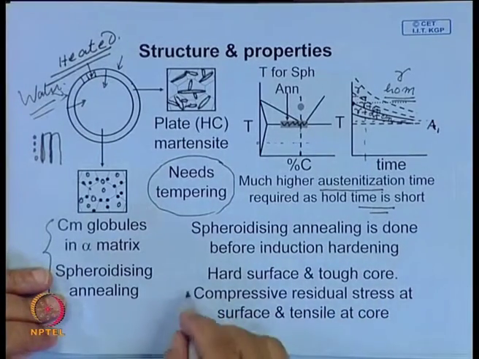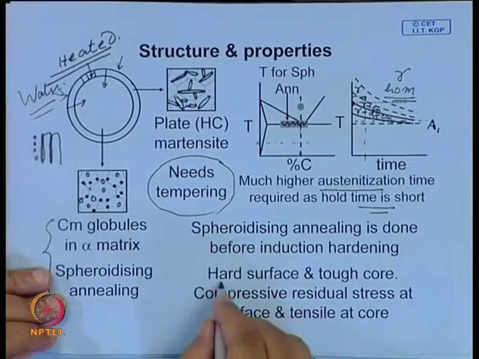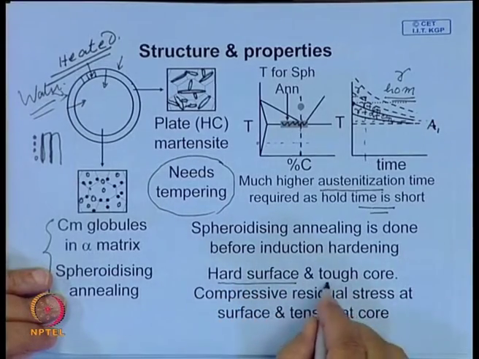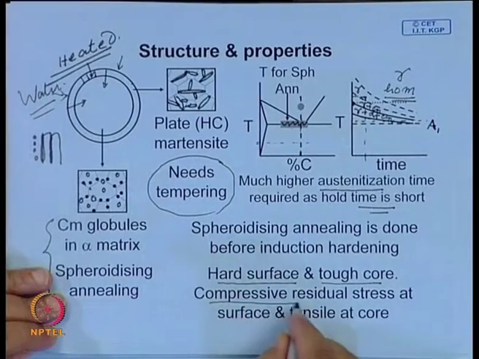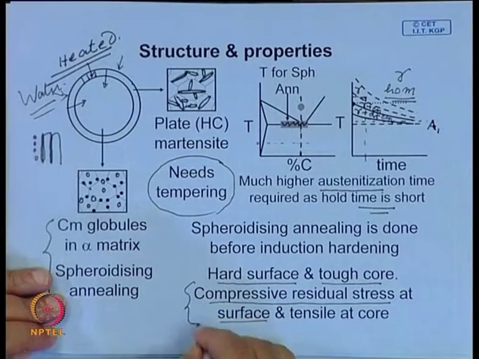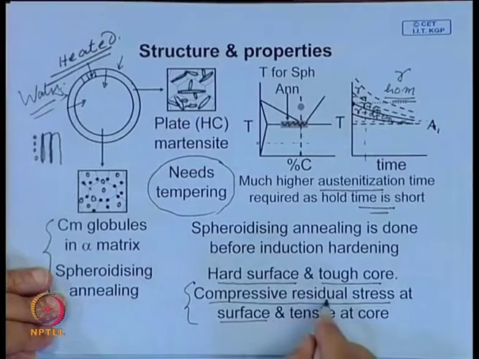And when you do this, we will see later also, not only do you develop a hard surface and tough core, but you also develop compressive residual stress at the surface. Whenever residual stresses develop in a component because of local plastic deformation, and in one region you have compressive stress, in another region you must have tensile.